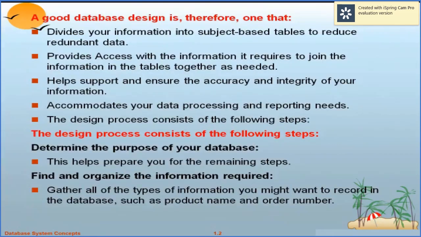So here are a few aspects, put in short form, about a good database design. The first one is to divide your information into subject-based tables to reduce redundant data. What is the solution to overcome the redundancy? If you have a huge amount of information to be handled in a database, you make sure that you categorize the information.